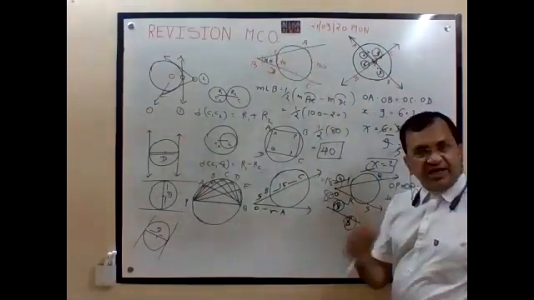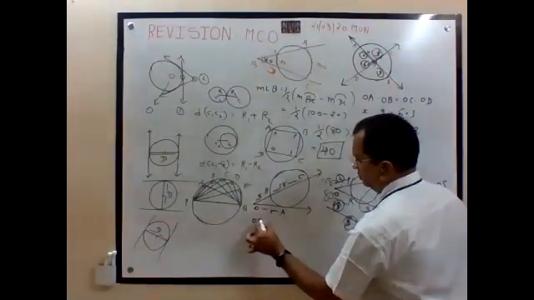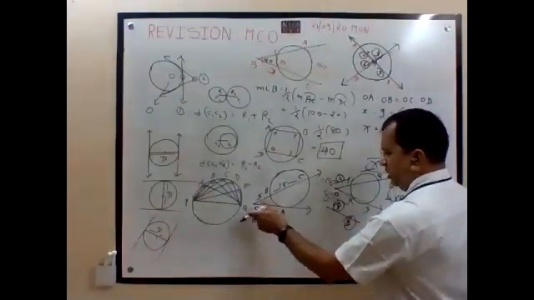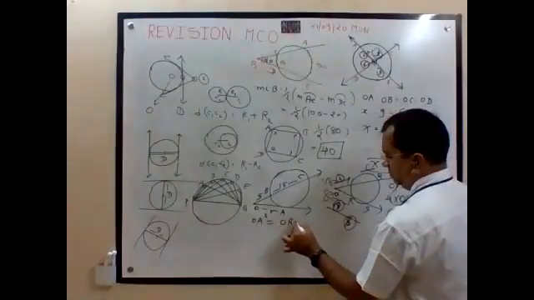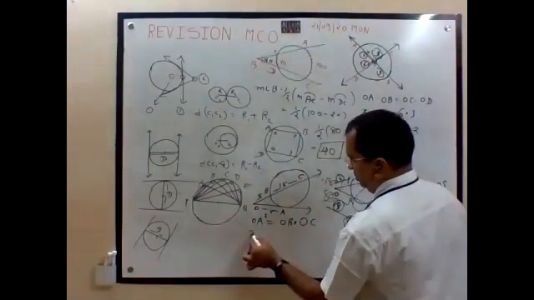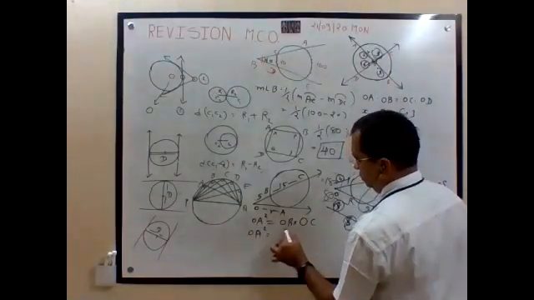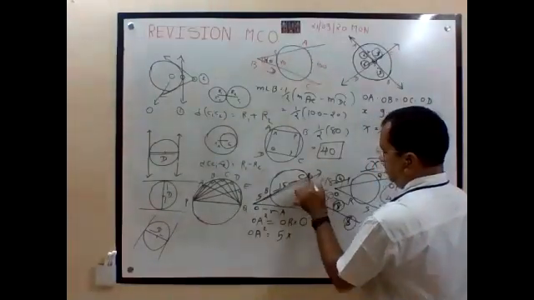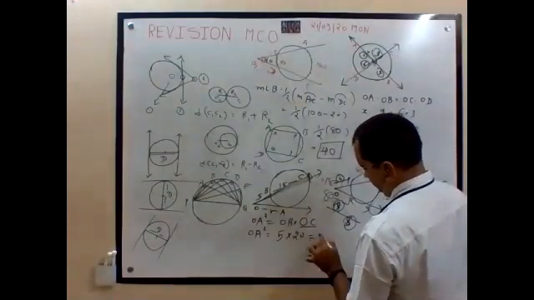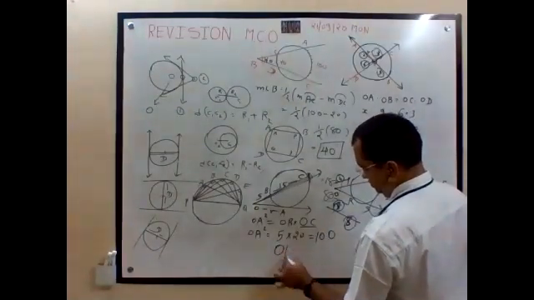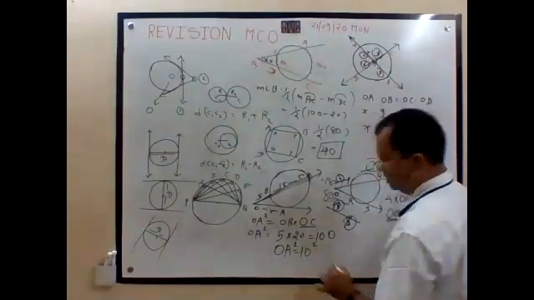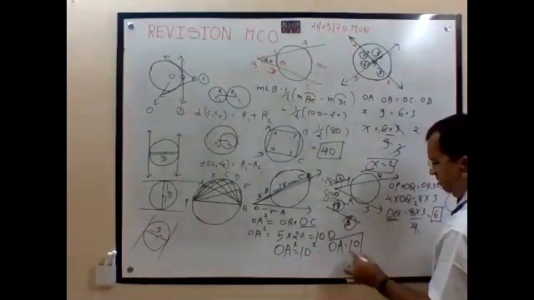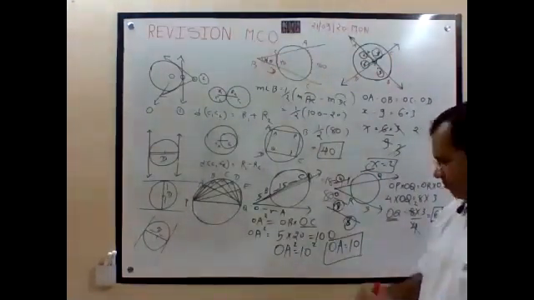So again, from the intersection, OA into OA means OA square equals OB into OC. This is not given. O to B is 5, this is 15, so the total is 20. 100, so OA is 10. It can be positive and negative, but length is always positive.